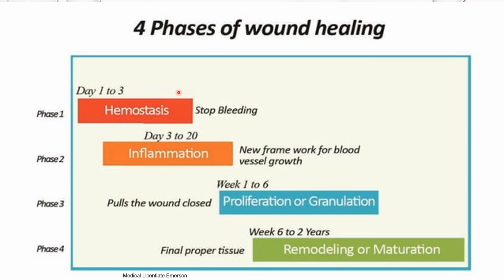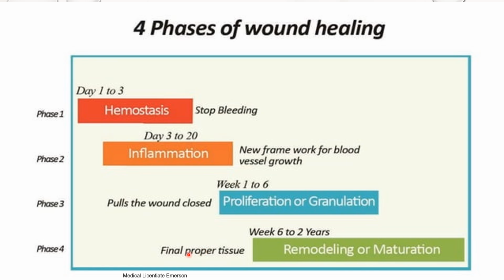Let's continue. There are actually 4 phases of wound healing. Phase 1 is hemostasis, which happens in the first 1 to 3 days, and its importance is to stop bleeding. Phase 2, which is 3 to 20 days, is the inflammatory phase, where there is no new framework for blood vessel growth. Phase 3 is proliferation or granulation, which can take week 1 to 6.